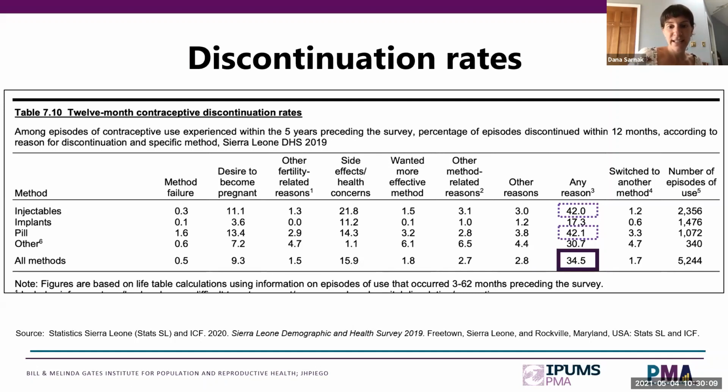Next. And implants have a lower discontinuation rate in this population at 17%, and that makes sense given short and long-acting methods. And in terms of discontinuation rates by reason, there are a lot of women discontinuing for desire to become pregnant, around 9%, and about 16 due to side effects or health concerns. Next slide.